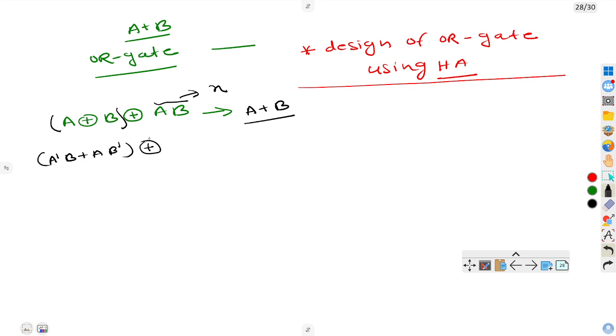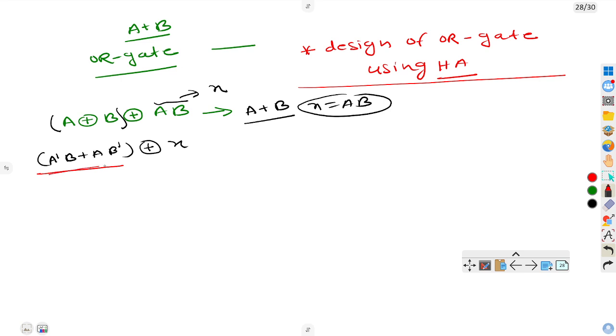X is equal to A XOR B, I assume. So A XOR B is A complement B plus A B complement, XNOR X. How can you draw it?